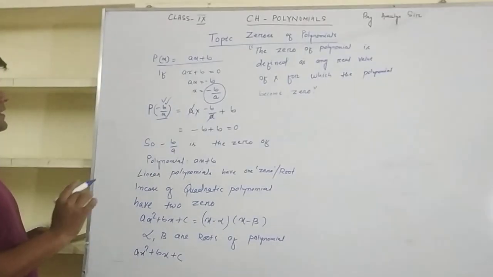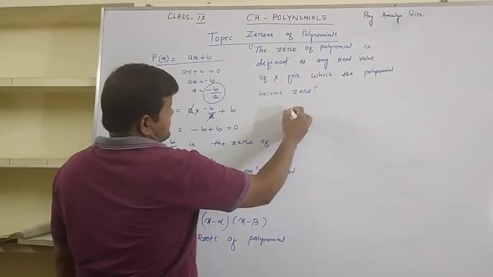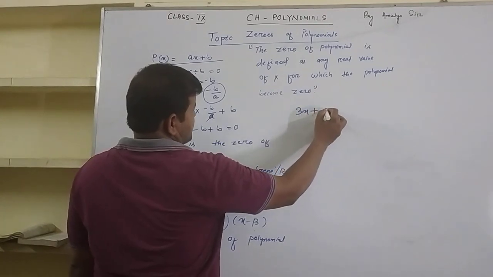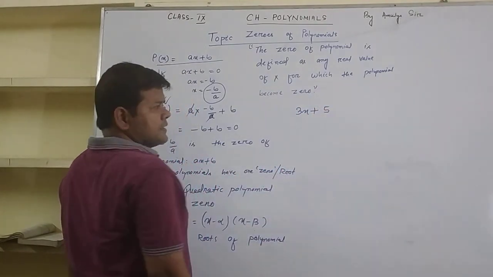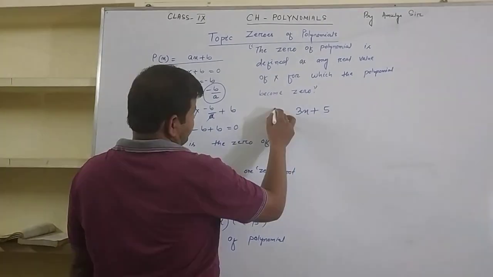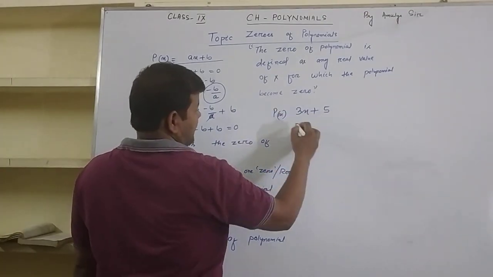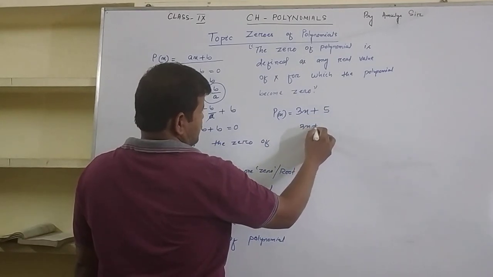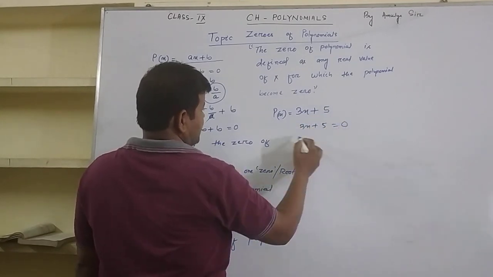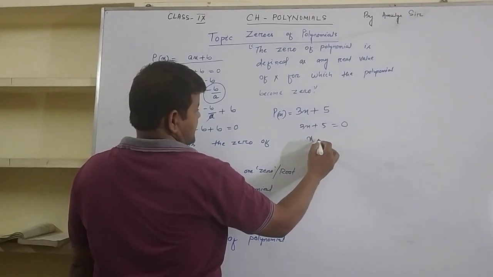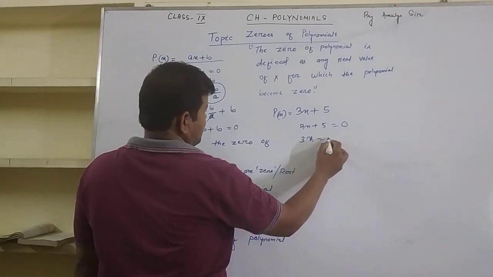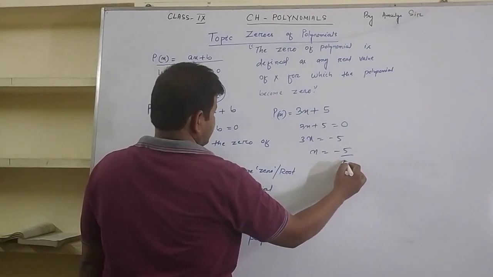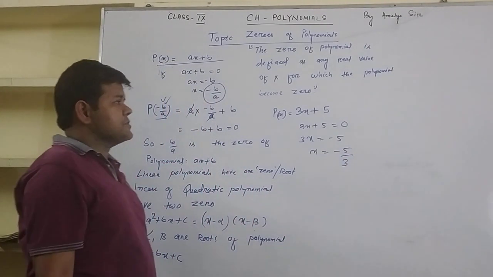You can take any number also. Like 3x plus 5, let this be p of x. Now find the value: 3x plus 5 equal to 0, so 3x equals minus 5, x equals minus 5 by 3.